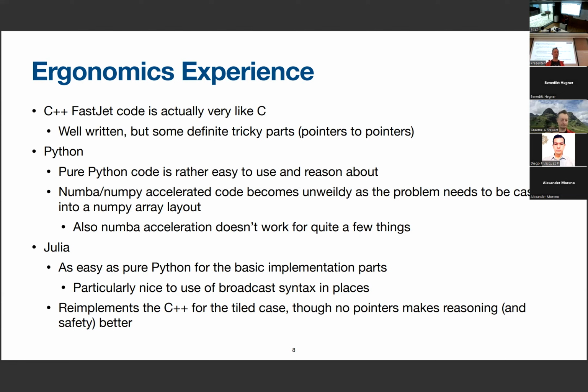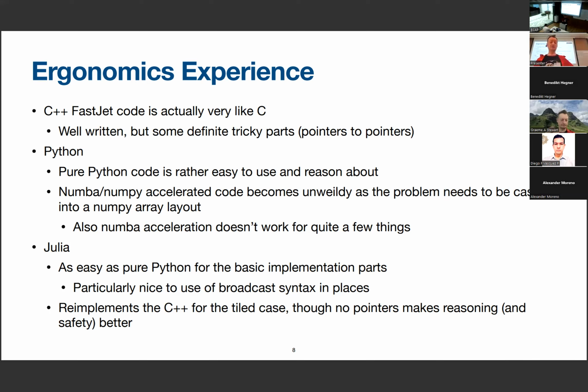You know, it's a particle thing there. And actually, the Numba acceleration was a bit disappointing because it didn't work for a surprising number of things. Basic functions like wrangling 2D arrays into 1D arrays weren't supported, so I had to write that by hand. So that was a bit painful.